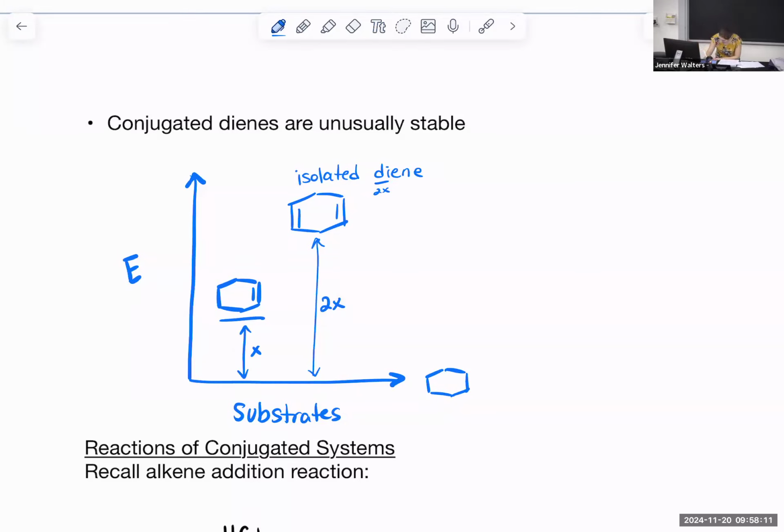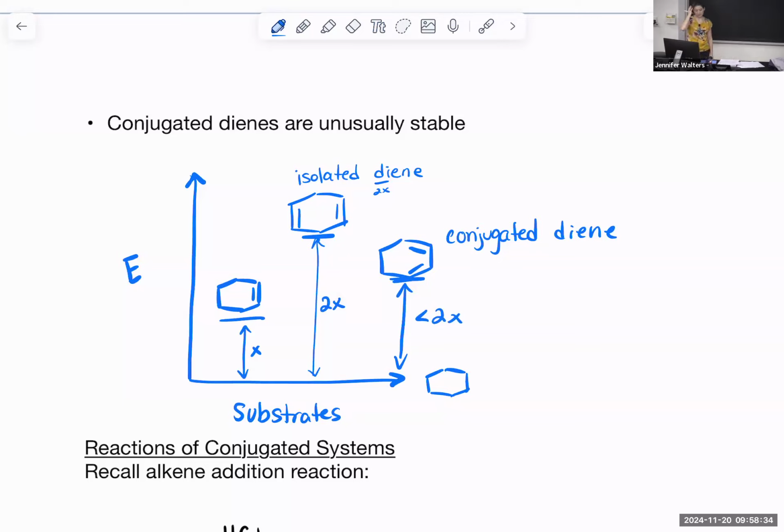Our conjugated dienes, though, are lower in energy. It is going to be less than 2x. I don't actually know what the numbers are.